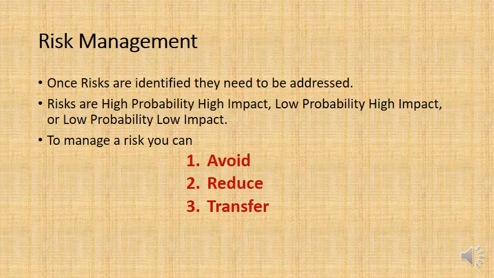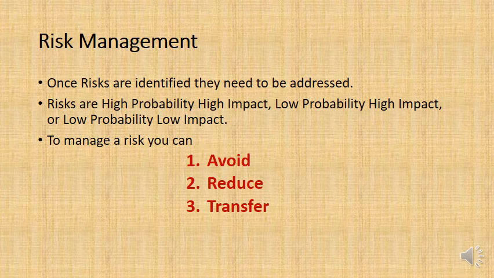So after we've identified the risks and assessed them for impact and probability, the next step is we need to actually manage the risks. Now there's 4 different things we can do to manage a risk. We can avoid the risk, meaning that we're basically bringing the probability down to 0 and getting rid of the risk somehow.